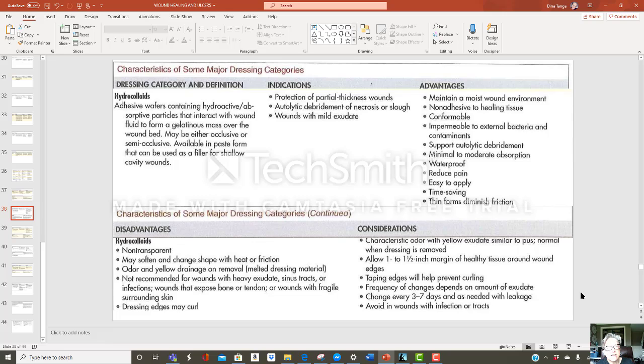Indications: protection of partial thickness wounds, autolytic debridement of necrosis or slough, wounds with mild exudate.